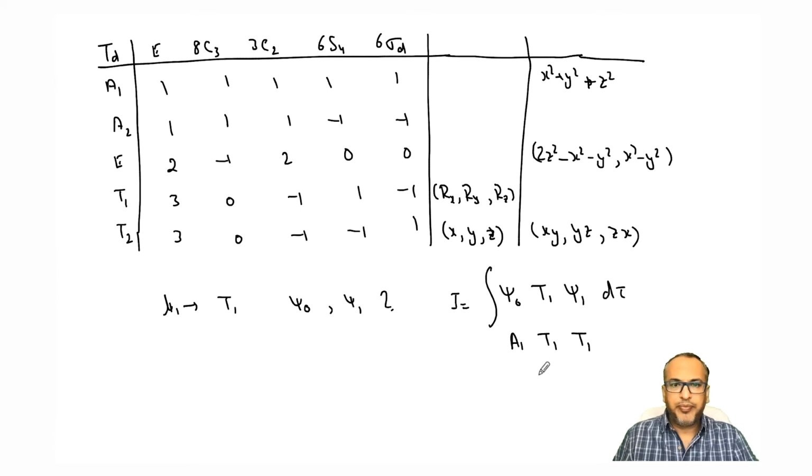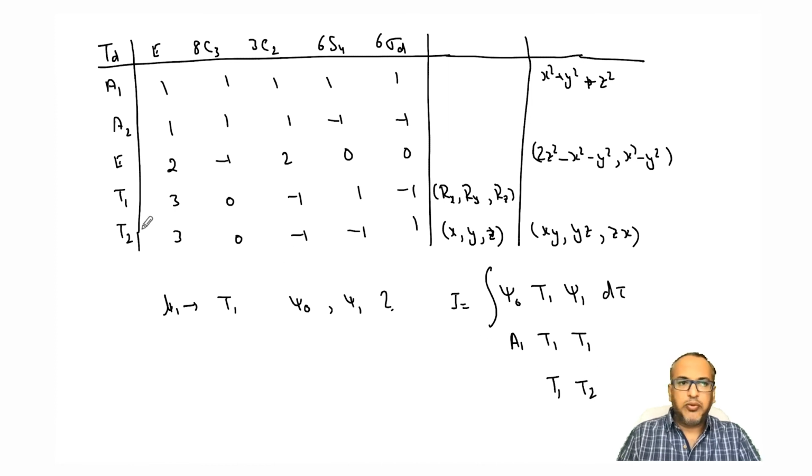Then what else? Now the other possibility is that T1 is constant. T1 I cannot change. Now the other possibility is if I create another T1 by multiplication of these two, right? How can I create another T1 by multiplication? It has to be a one-dimensional and another three-dimensional representation. So that means it has to be a T2. Now if I combine T2 into A2, what do I get? 1 into 3 will give me 3, 1 into 0 will give me 0, 1 into minus 1 will give me minus 1, minus 1 into minus 1 will give me plus 1, minus 1 into 1 will give me minus 1.